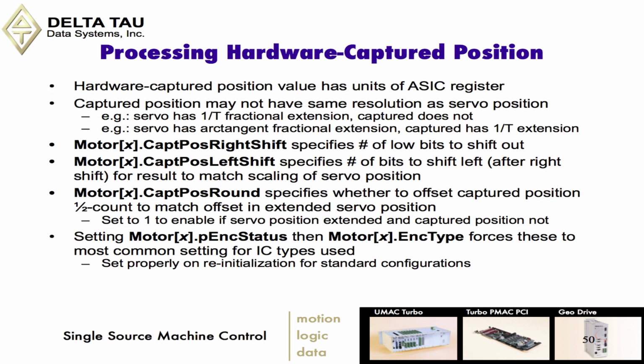Capture position right shift specifies how many low bits to shift out, and then capture position shift left tells us how many bits to shift left after the right shift, to match the ASIC scaling to the servo position. So again, remember, if we have P and ENC status set and the motor sub X ENC type, these are always set properly for us for the type of hardware that we're currently connected to.